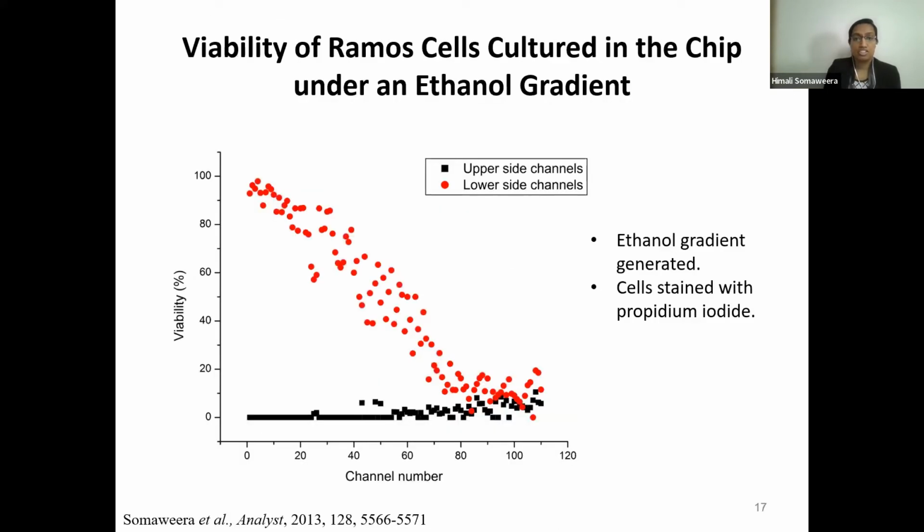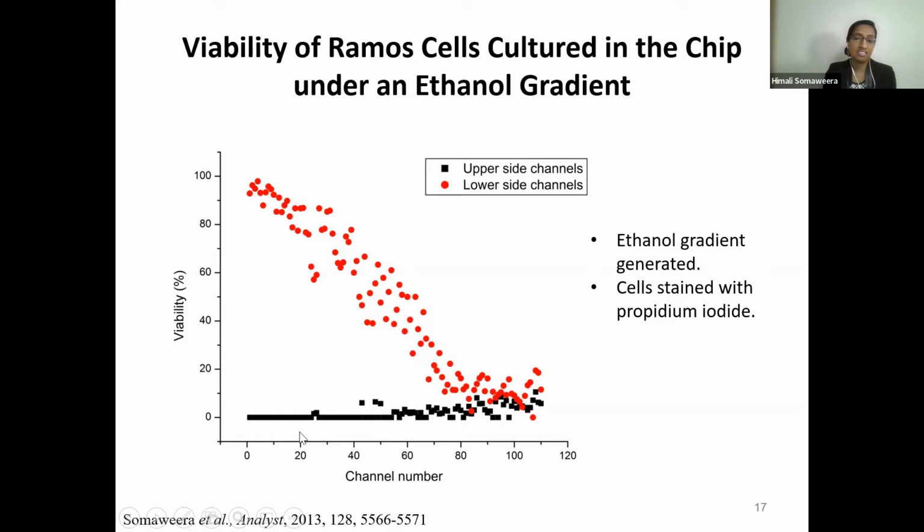To validate the results and do some experimental application on cells, first I used an ethanol gradient on cells, because that's the easiest way to see how the cells respond. Using the ethanol gradient, cells were stained with propidium iodide, and then we did the viability study. You can see that in the lower side channel the viability is higher in the beginning, but at the end it's decreasing.